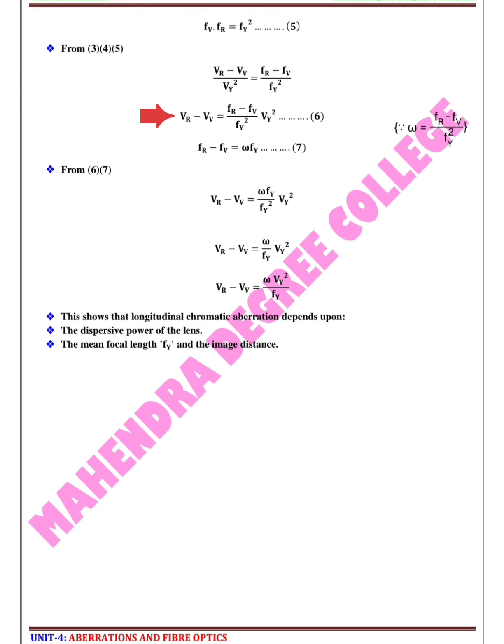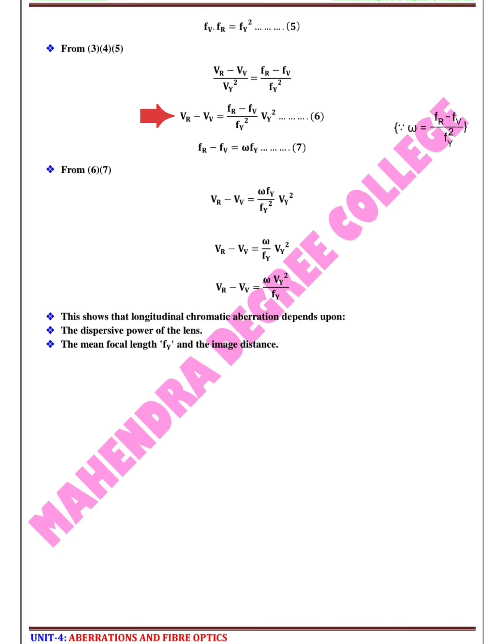Rearranging to find the longitudinal chromatic aberration Vr minus Vv, the denominator Vy square on the left hand side moves to the right hand side. So we get Vr minus Vv equals (Fr minus Fv) by Fy square into Vy square.